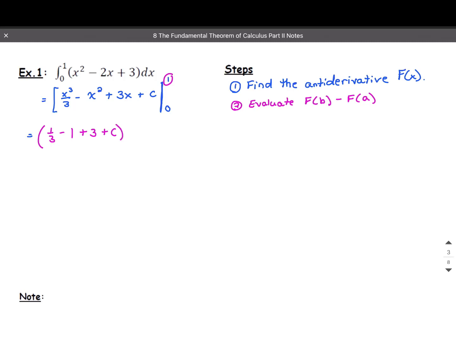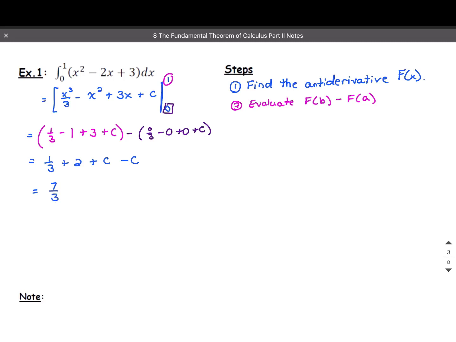And then we're going to take this lower limit and plug it in. And we're going to have 0 thirds minus 0 plus c. Okay, so what is that going to give me here? I have 1/3 plus 2 plus c minus c, right? Well, 1/3 plus 2 would be 7/3.